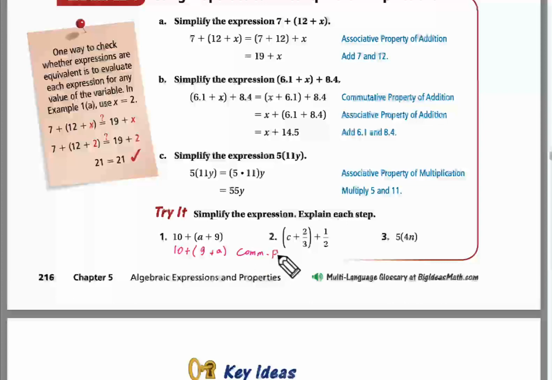Commutative property of addition. Now, you need to add 10 plus 9. Wait, first, what does A mean? A is a variable.